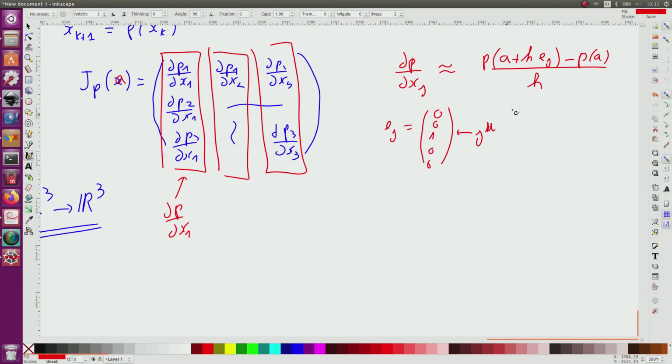And I have to evaluate this at the equilibrium point a bar, where a bar satisfies p of a bar equal to a bar. Of course, h should be small, for instance positive and small. For instance, I can take h equal 0.01, something like this.